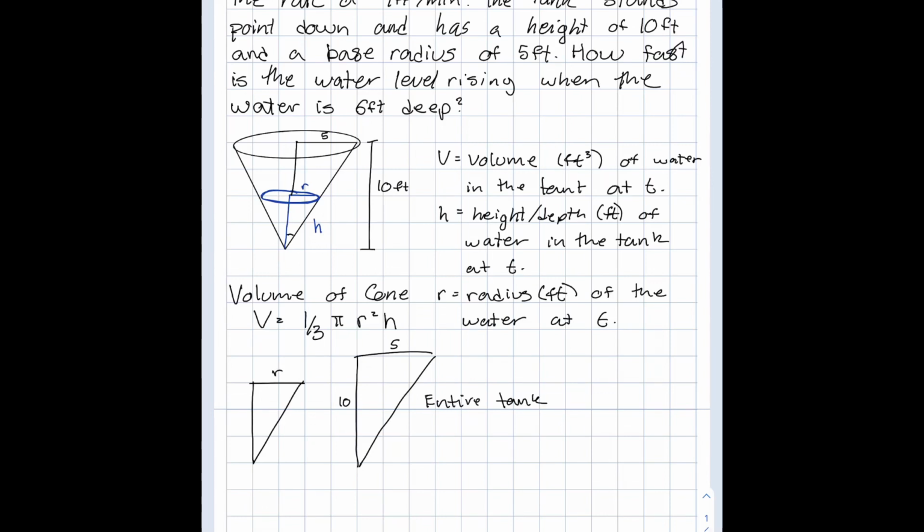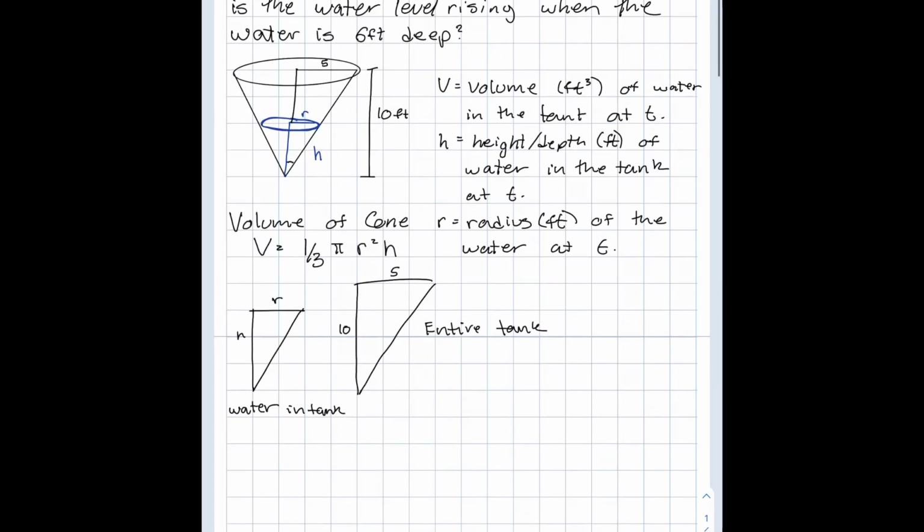And then this is r and this is h, so this is just the water section. These are both cross sections, so these are similar triangles. That means the ratios are equal.